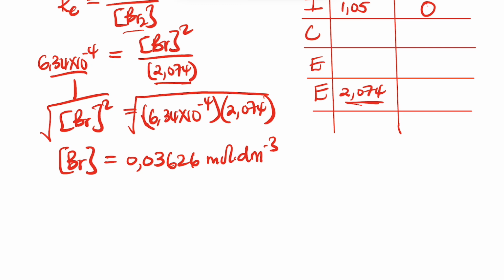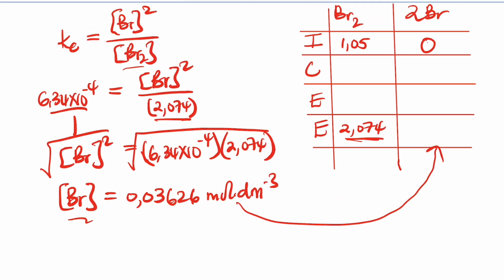This is the concentration of Br. Normally in the product, we say the initial plus what has been produced gives us that. So clearly this amount is going to be there.